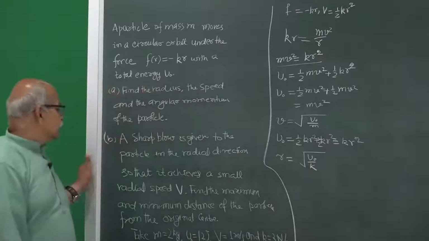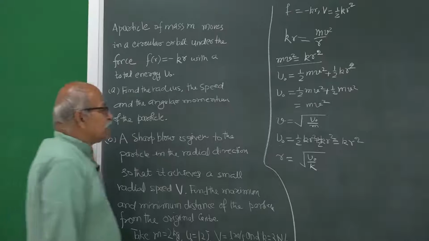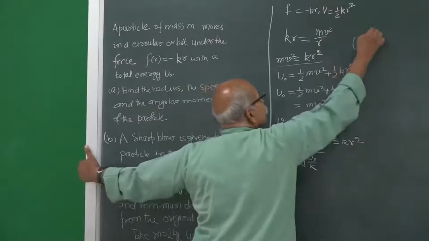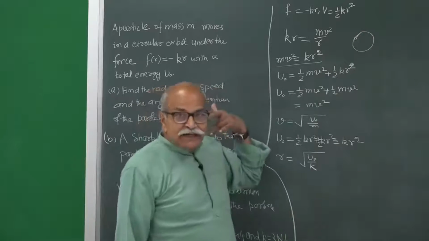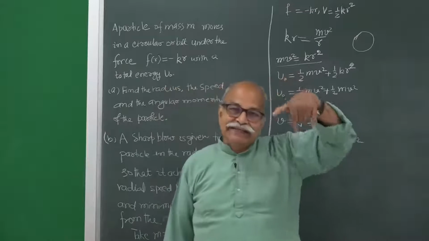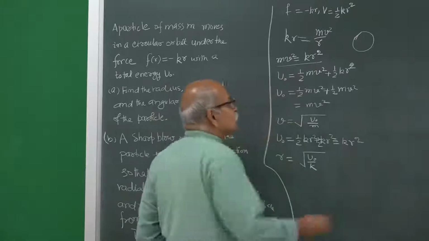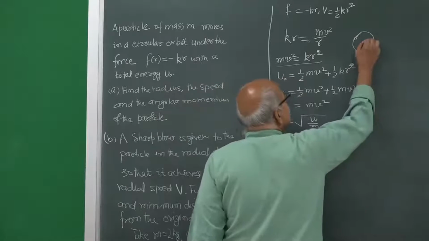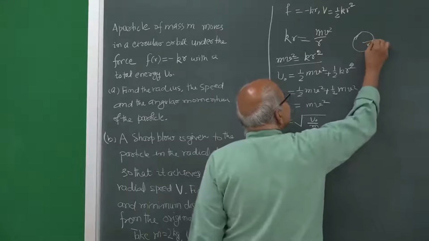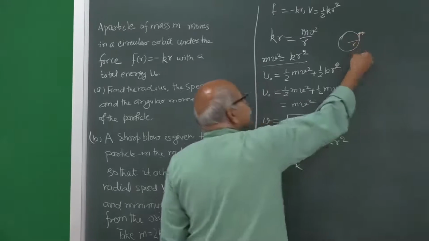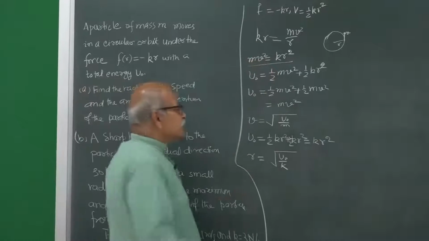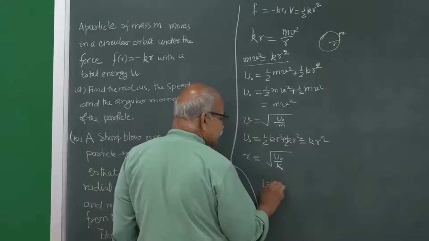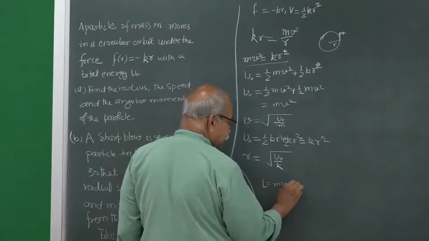So, that is the radius, and angular momentum, if it is going in a circle, means obviously angular momentum about the center of this circle. If this is the circle, this is the radius and this is the velocity, the velocity has to be in tangential direction, and therefore, L will be just m times v times r.